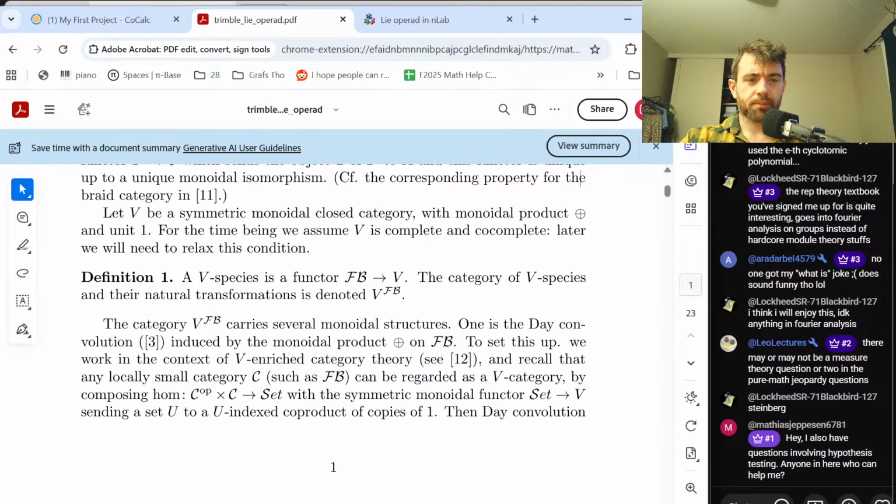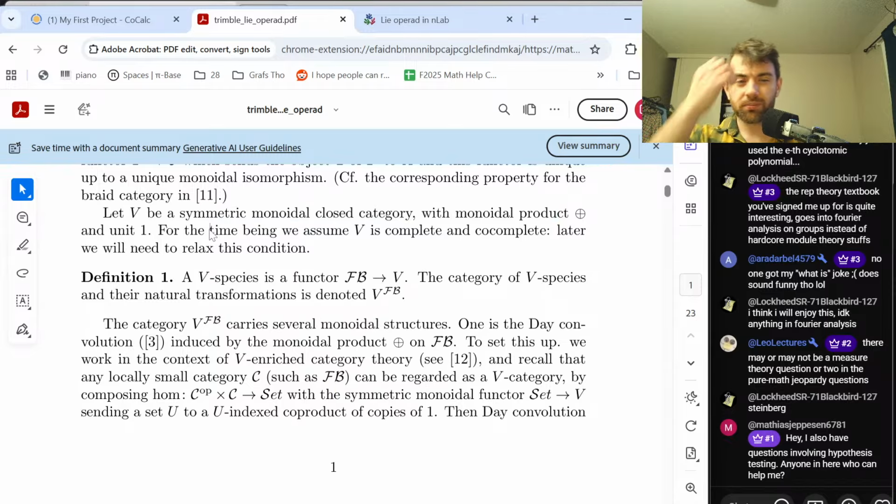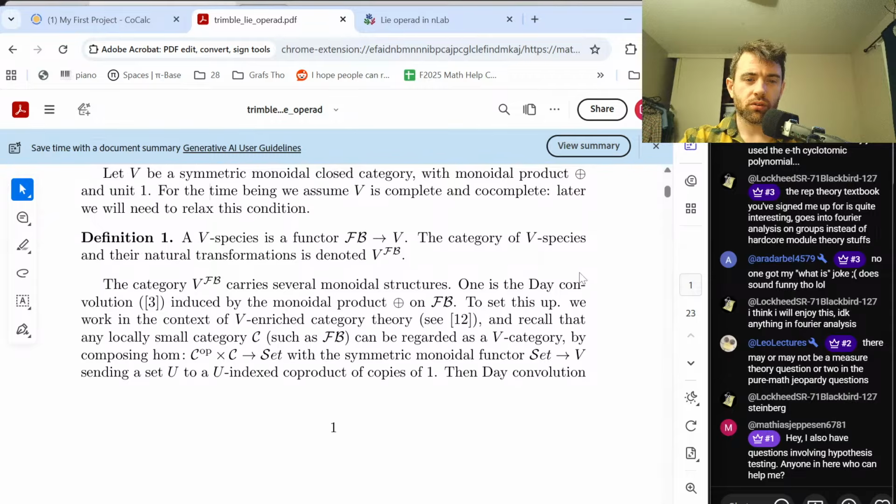Okie dokie. If V is a symmetric monoidal closed category with monoidal product, in unit 1. Oh, let V be this. For the time we assume this is complete and co-complete. Okay.